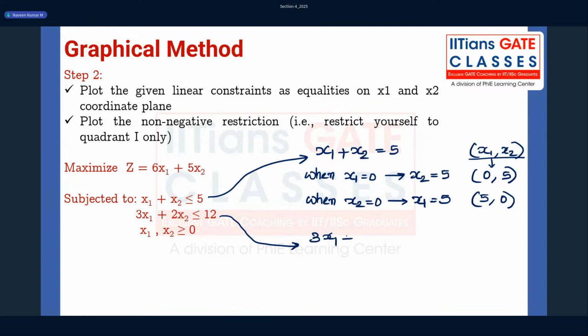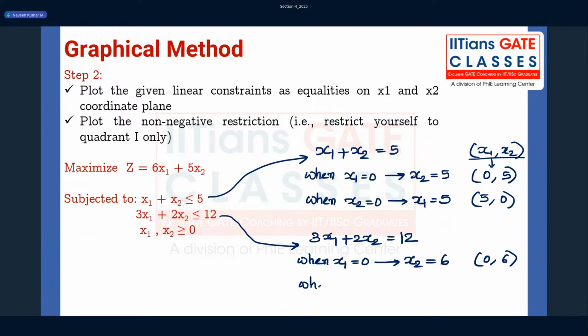In a similar way, if you take this constraint, 3x1 plus 2x2 should be equal to 12. I'm converting into an equality sign. When x1 is 0, what will happen? 2x2 is equal to 12, x2 will be 6, 12 by 2. What is the coordinate you are having? 0 comma 6 for this constraint.